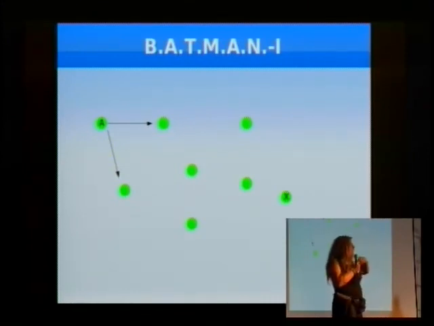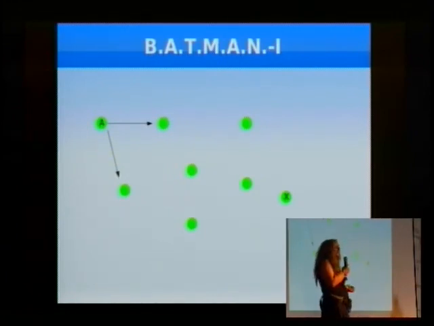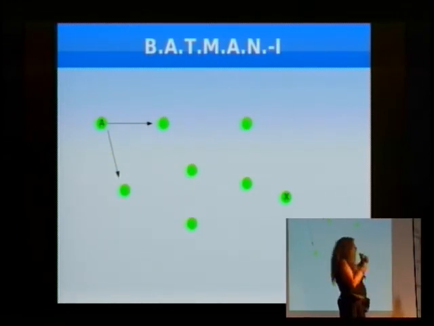And they are calculating the full route. Sometimes we have routes with 22 hops in our wireless network. And so they're calculating routes of 22 hops.